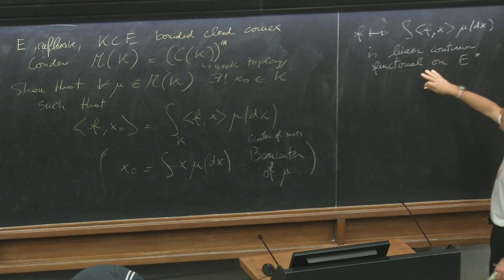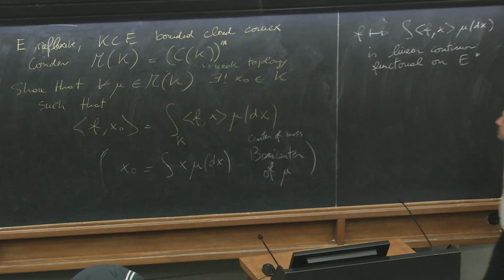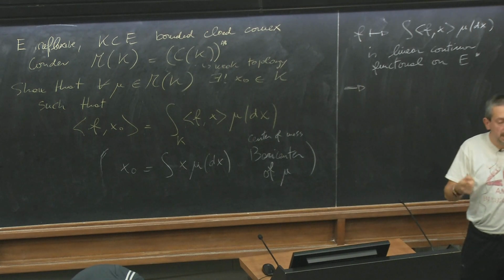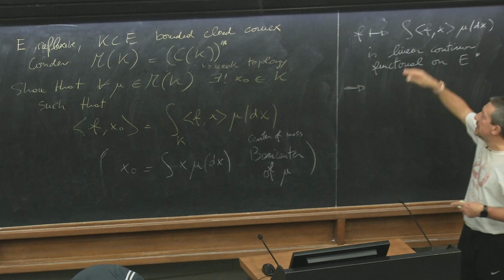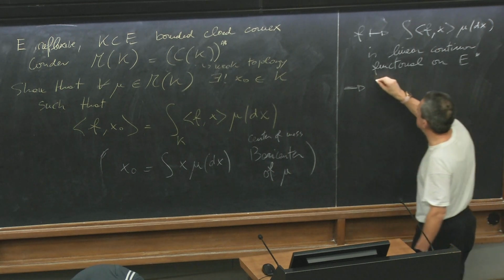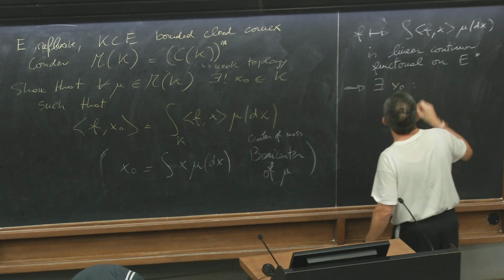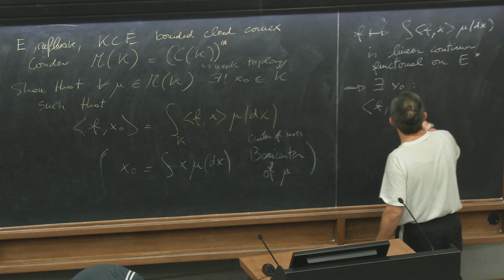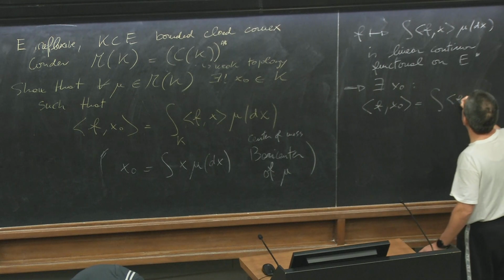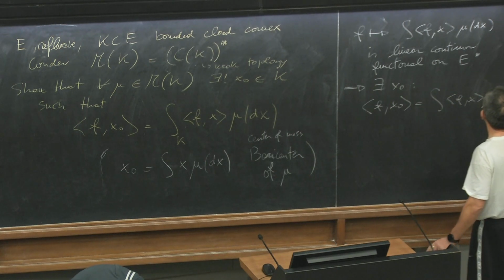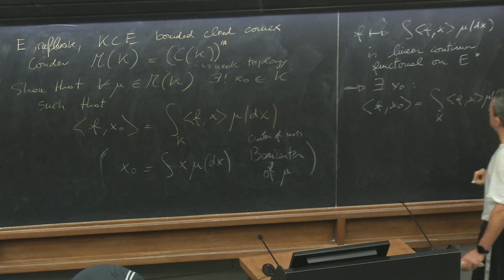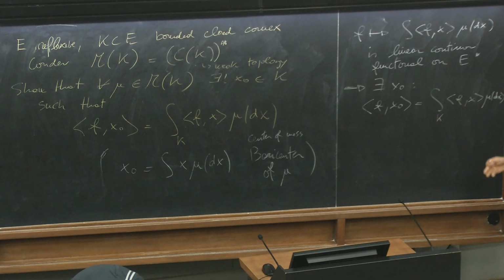So this is a linear continuous function on f, so by reflexivity there exists an x0 such that f(x0) is equal to the integral of f(x) d mu(x), and actually it's unique, no?